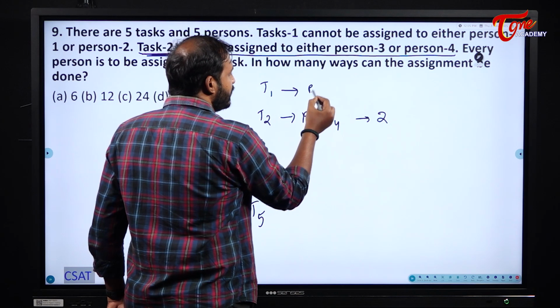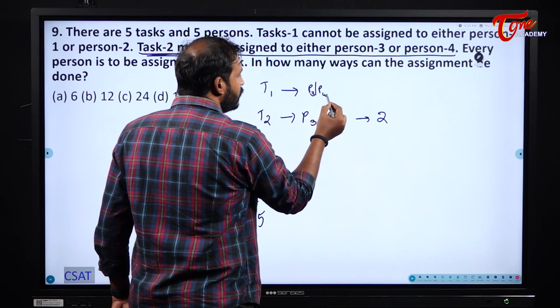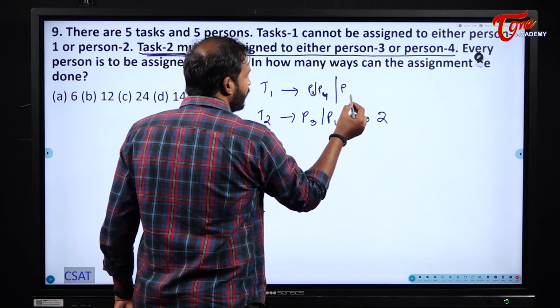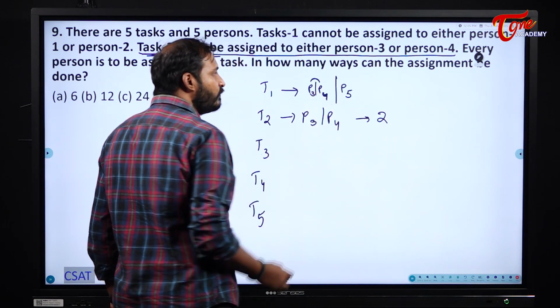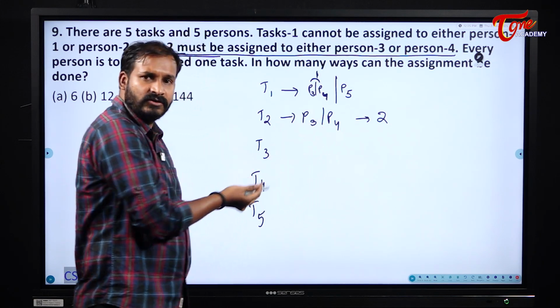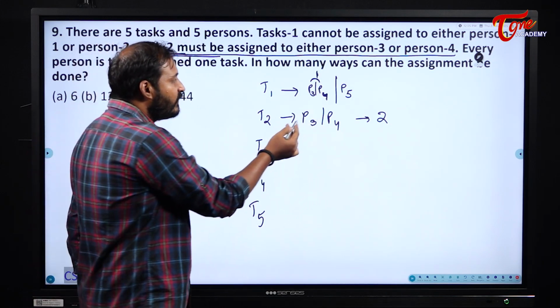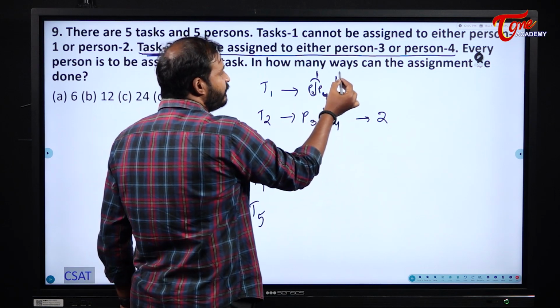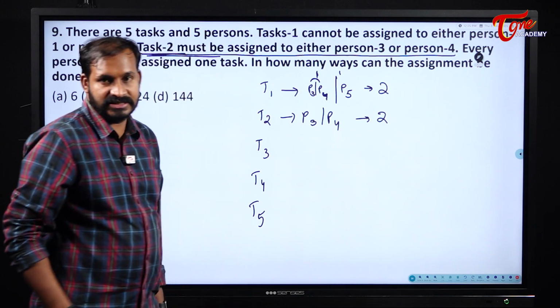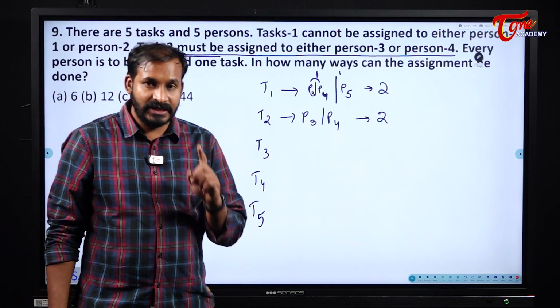Either person 3 or person 4, whichever is available, and person 5. Why? Because only one out of these two persons will be available for me here. Already one person will be assigned to task 2. So only one person will be available for me, and this person 5. So how many chances will I have for my task 1? 2 chances. 2 chances. Please be careful, students.